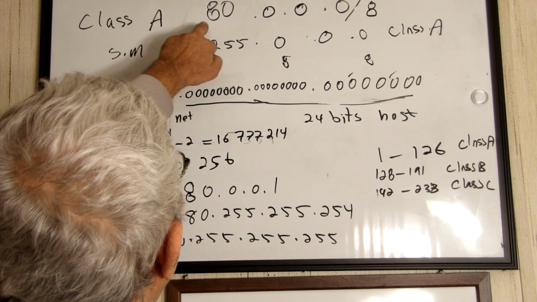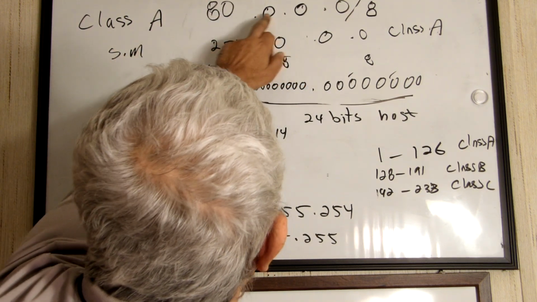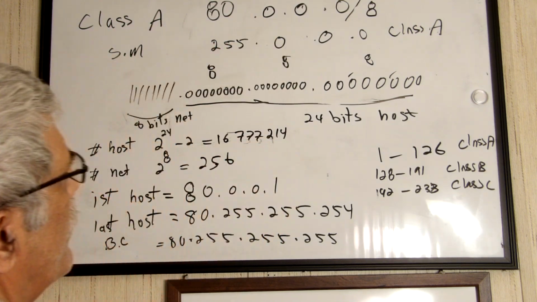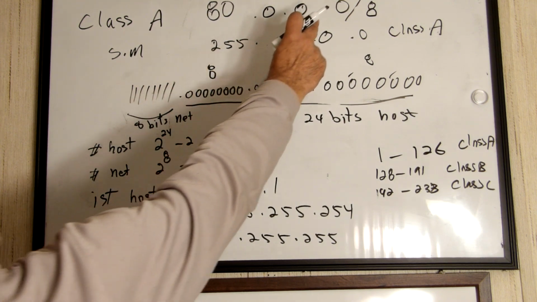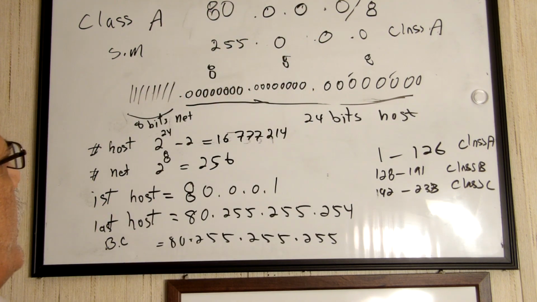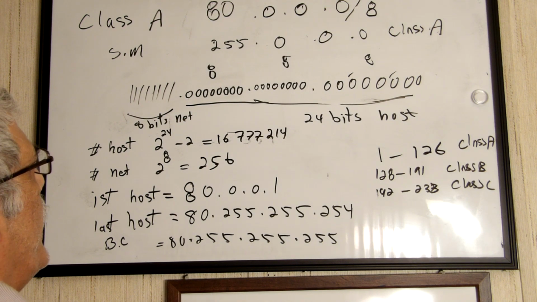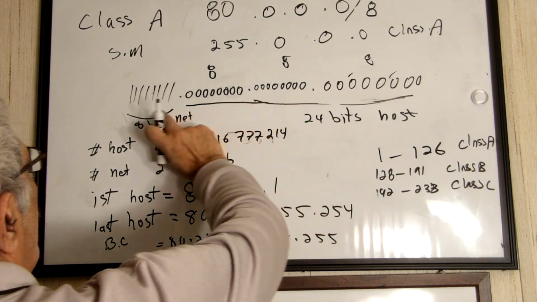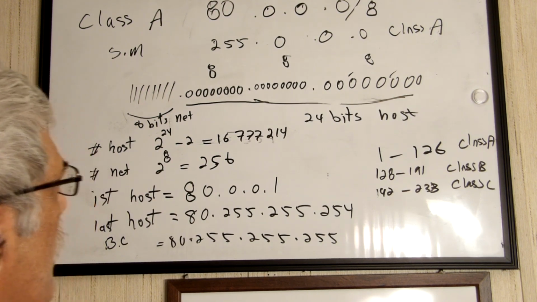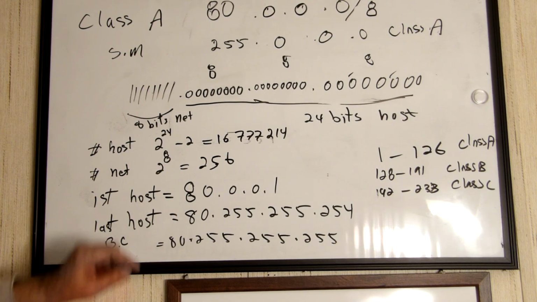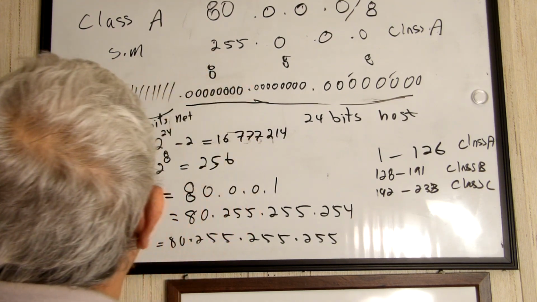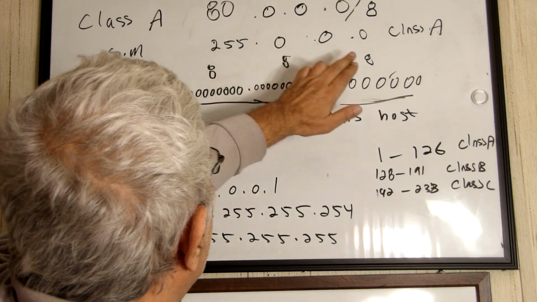We have 80.0, the IP address is showing in between. There are 32 bits and 4 bytes: 1, 2, 3, 4, or octet, we call it. The subnet mask for this one was 255.0.0.0.